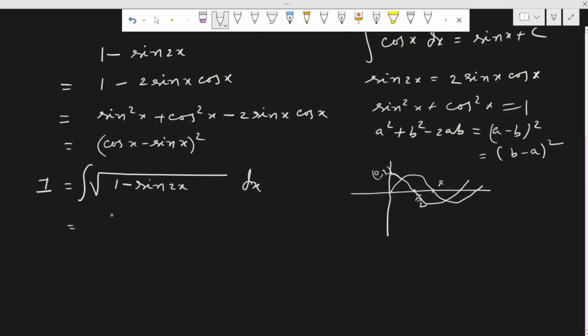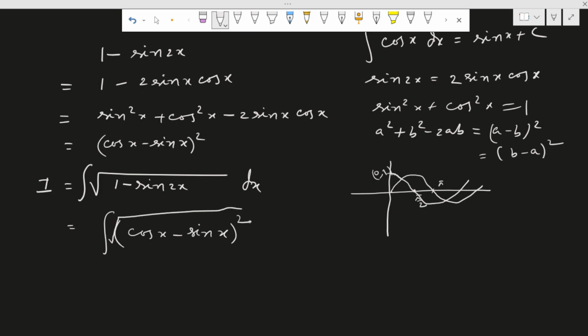Write this: cos x minus sin x whole square, under the square root. If we remove the square root symbol, what will be? Cos x minus sin x dx.